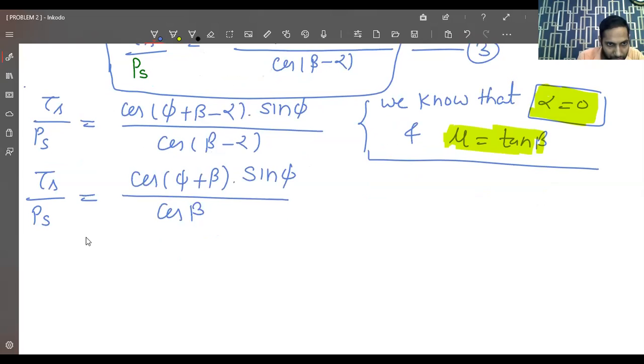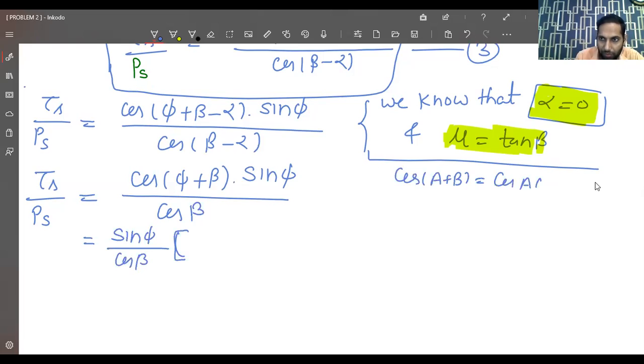Next, now what we are going to do, sin phi over cos beta into cos of a plus b. We know that cos of a plus b is equal to cos a cos b minus sin a sin b.